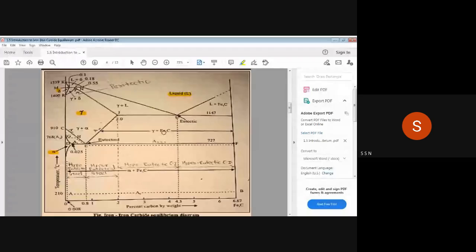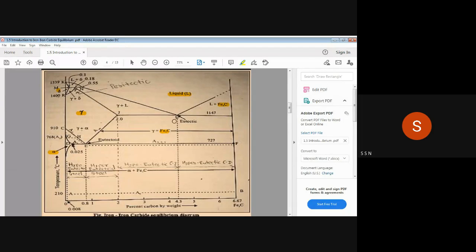Fe3C is present in the form of a solid phase. So four solid phases are there and one liquid phase.